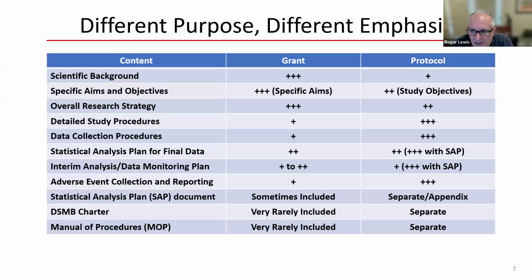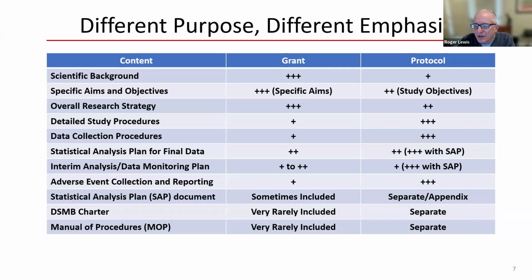If there are interim analyses or data monitoring, for example, checking data partway through to see if you can stop early for success or for futility, those are usually briefly described in a grant because the purpose is to tell the review team that you will not continue this trial and spend their money if it no longer makes sense to do so.